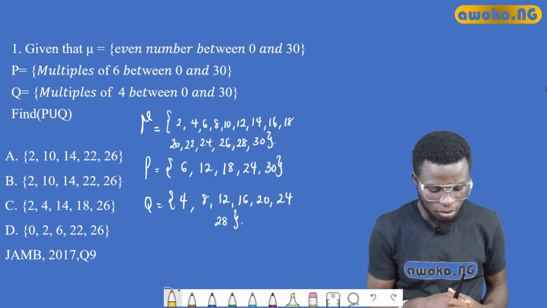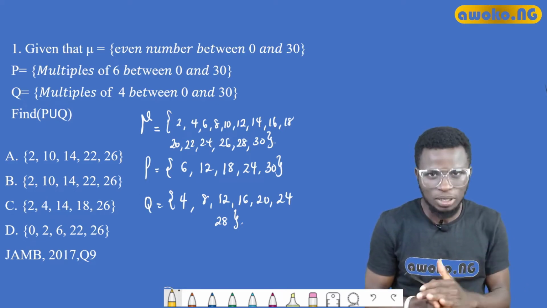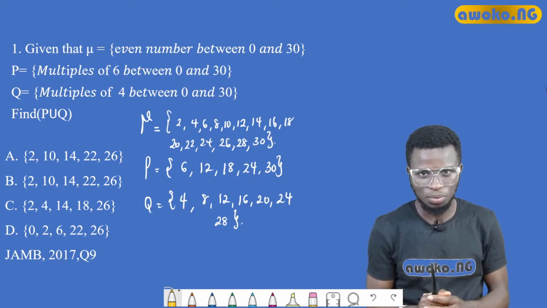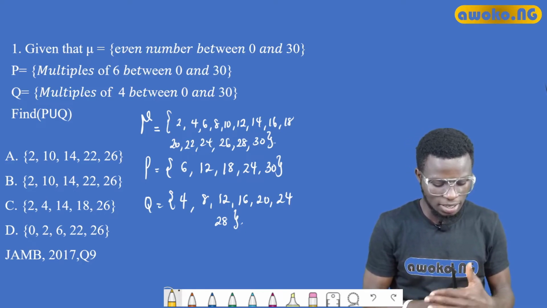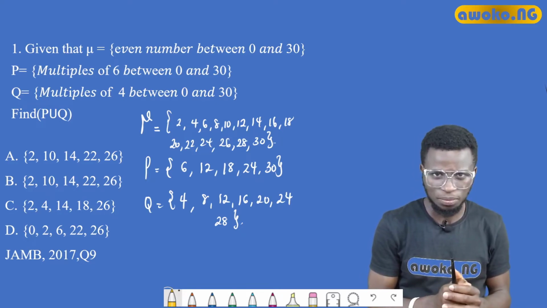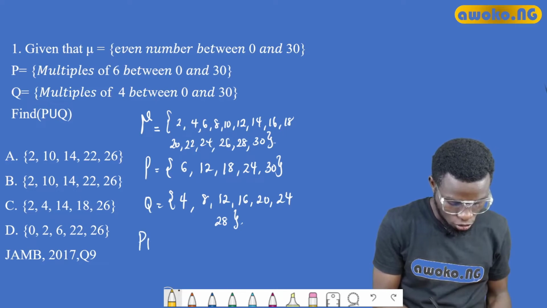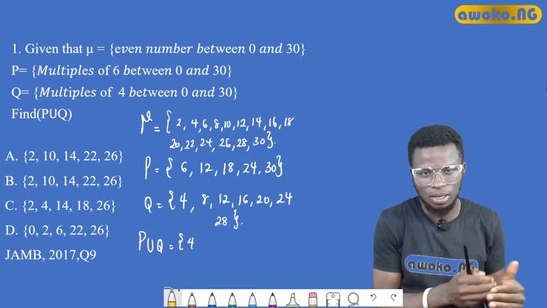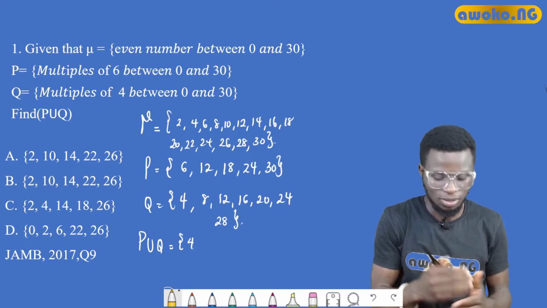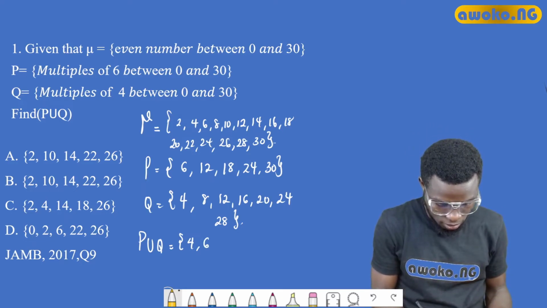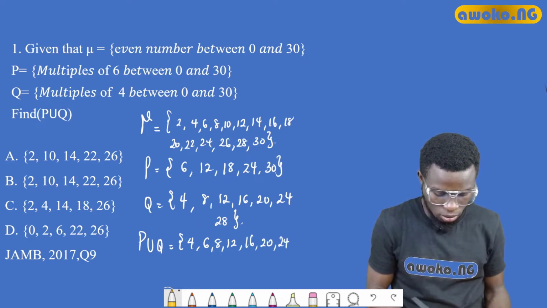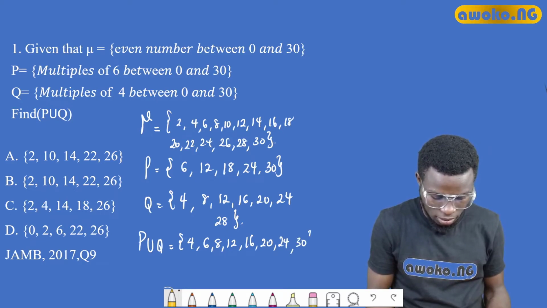Of course, P union Q is the combination of the elements in P and Q. Now, if you look closely, P union Q will be equal to, starting from the least to the highest, 4, 6, 8, 12, 16, 20, 24, and 30 inclusive.